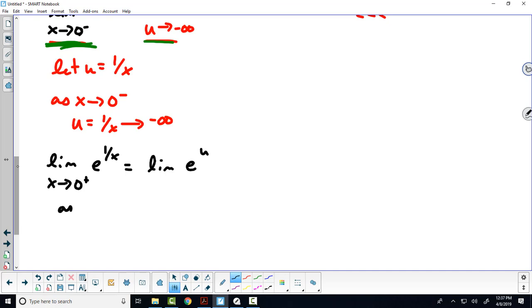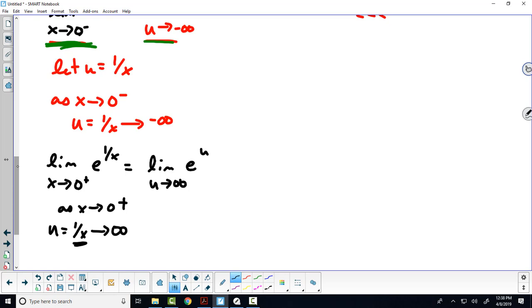As x is approaching 0 from the right, u, which equals 1 over x, is approaching what number? Oops, I picked the wrong value. There should be a plus sign. So we've got 1 divided by a very, very small but positive number. That's approaching infinity. So this would be the limit as u approaches infinity.